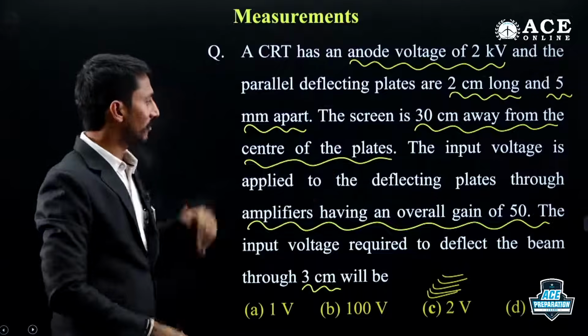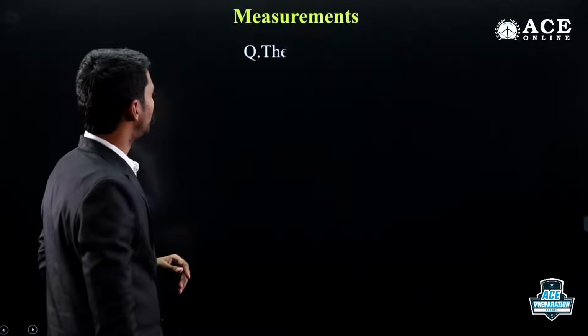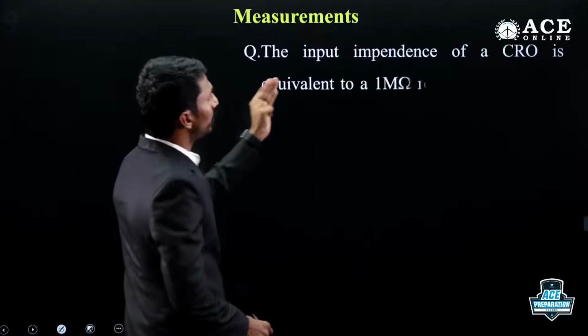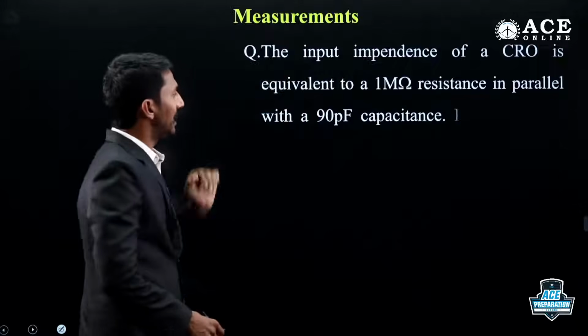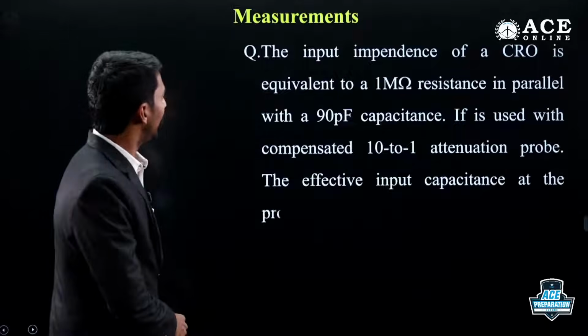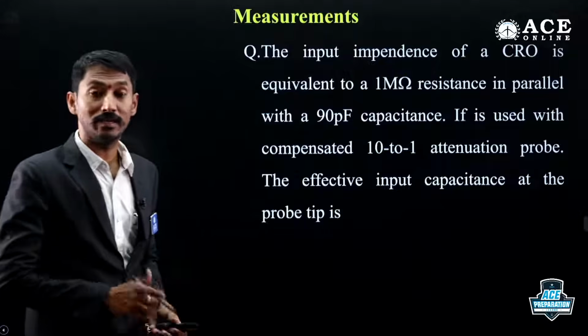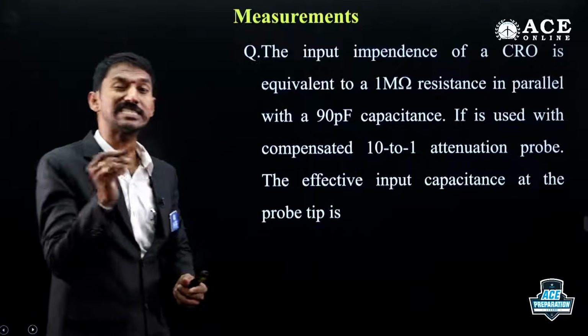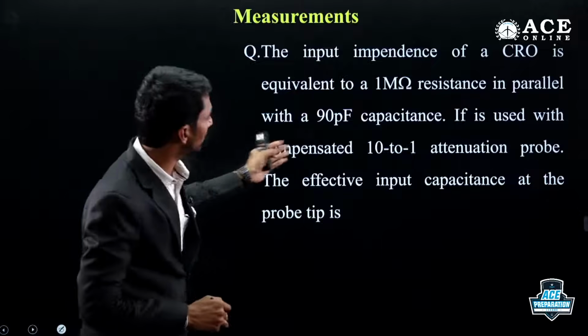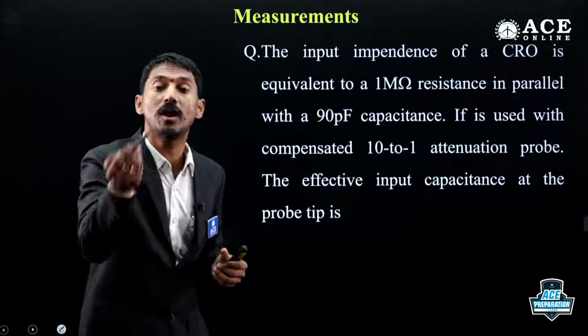Now let us take one more question. The input of a CRO is equivalent to a 1 mega ohm resistance in parallel with a 90 picofarad capacitance. This is the question related to the CRO probe concept.